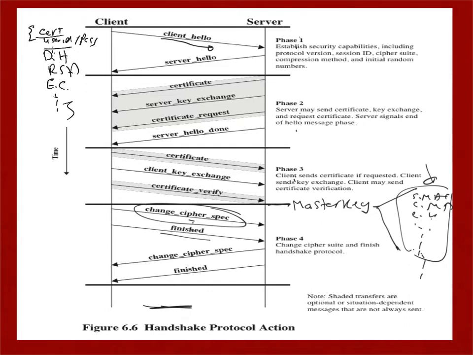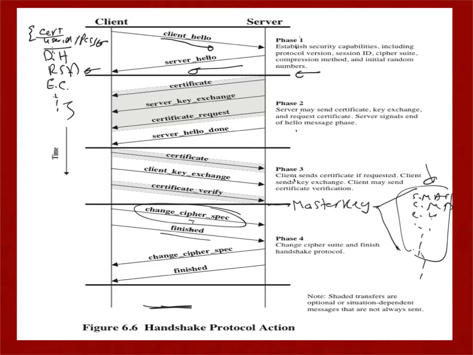So based on this, the server will say, okay, hello, I have this in that order. And then they negotiate and reach an agreement. Okay, so the server says the first one is user ID and password, so I have to use user ID and password. The server says RSA, so it's RSA.